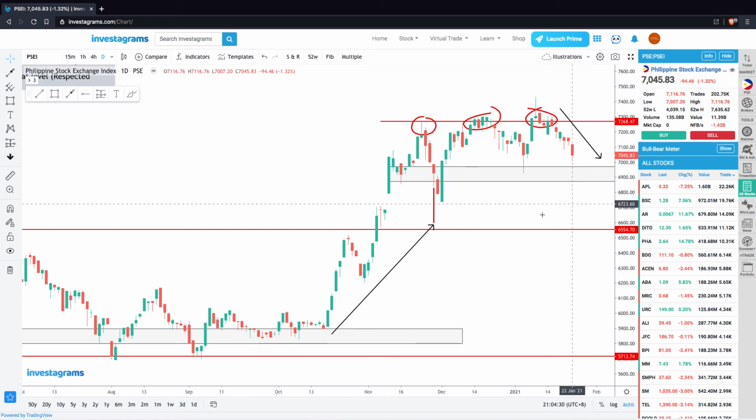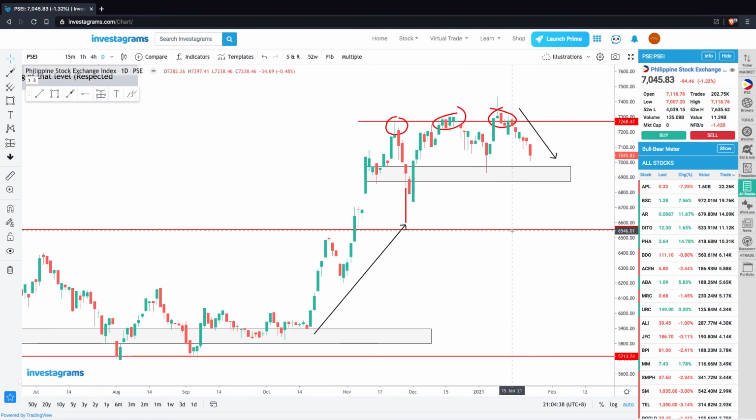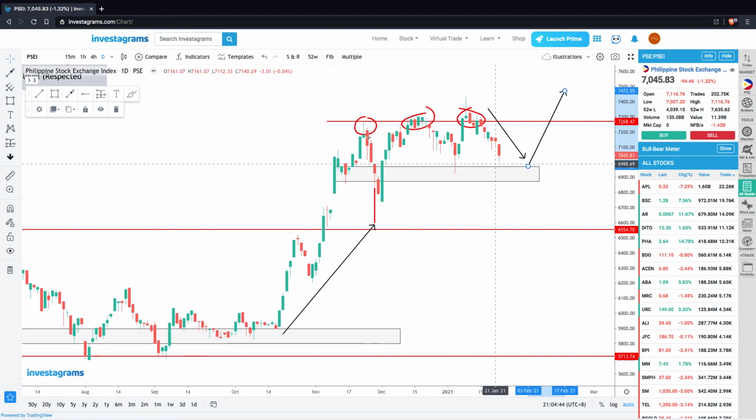So if it does hold, what should we be expecting? Prices to immediately drastically move away from that area of support. So we could see potential bounce from support, just as we could see potential bounce from resistances if ever it does test it again.